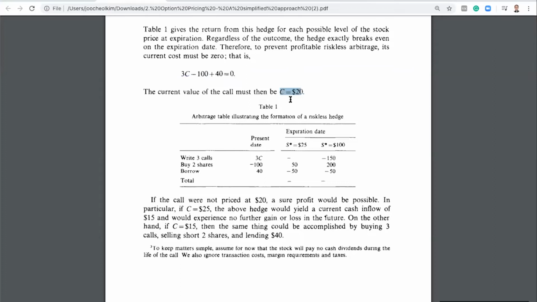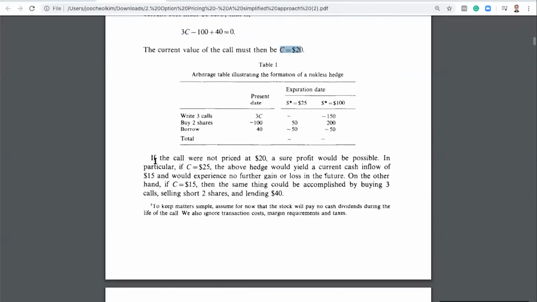And that's the answer. Then there is some more explanation. If the no-arbitrage price is $20, but what if the price were $25? Then just do it.